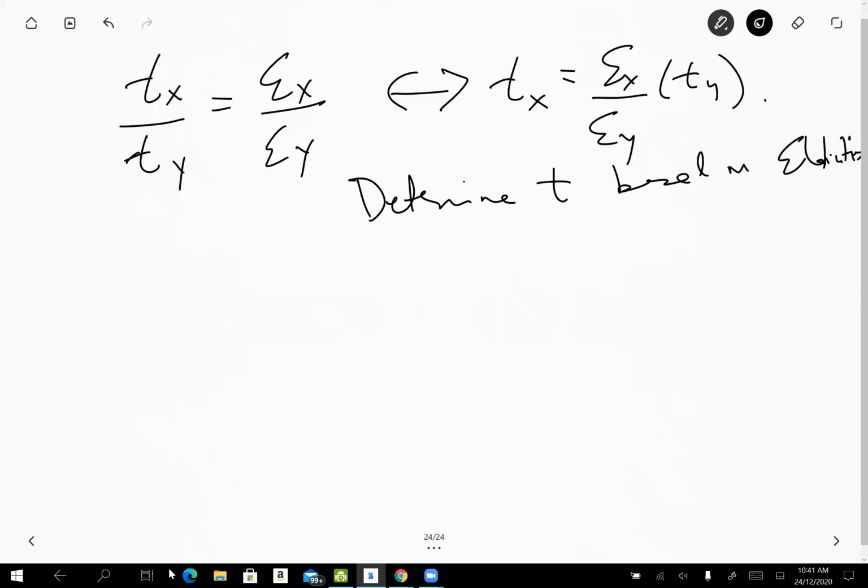So, for example, if the elasticity of X is equal to -2, or you can use absolute value, because at the end, the negative will cancel out. And then the elasticity of Y is equal to, say, -0.5.